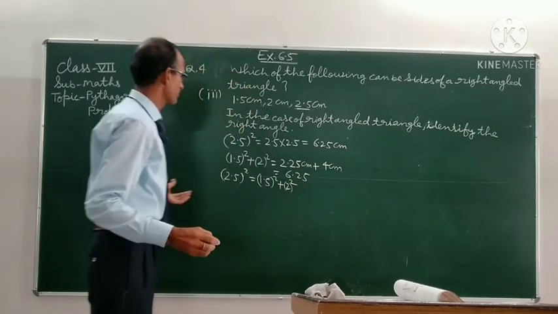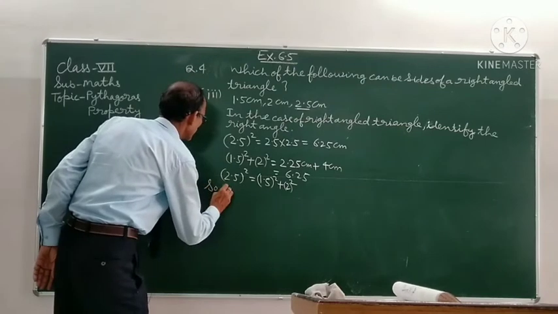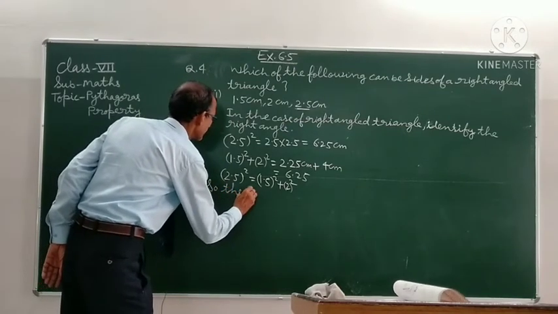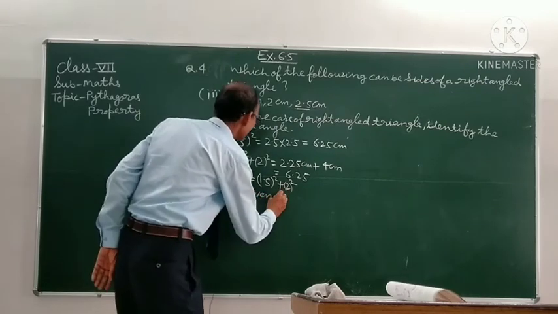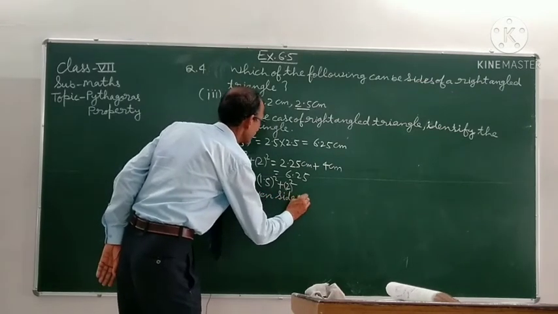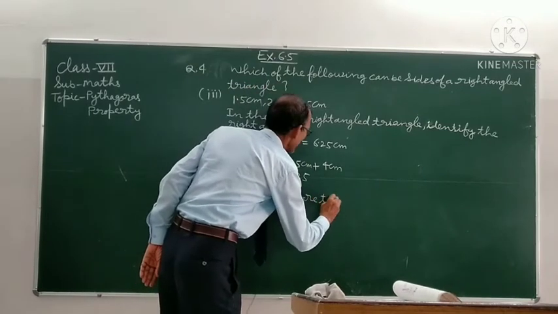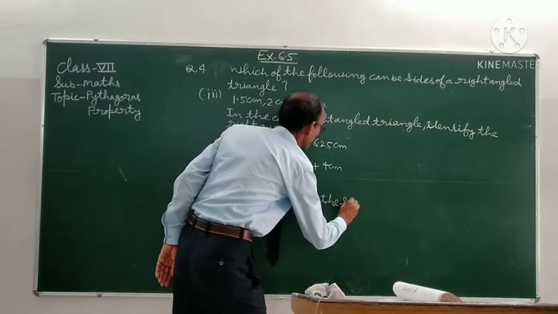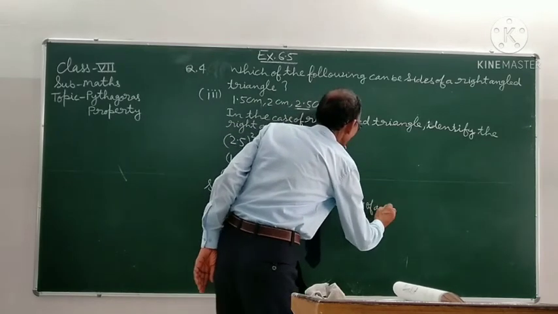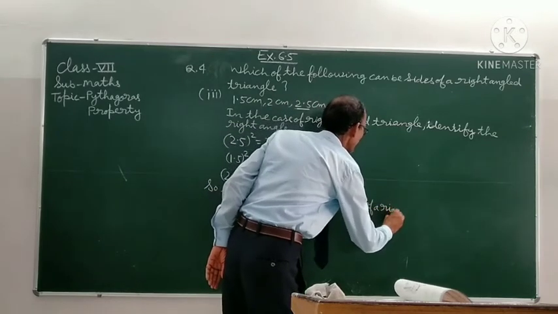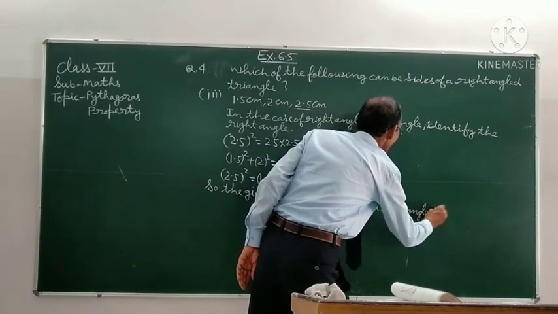So the given sides are the sides of a right angle triangle.